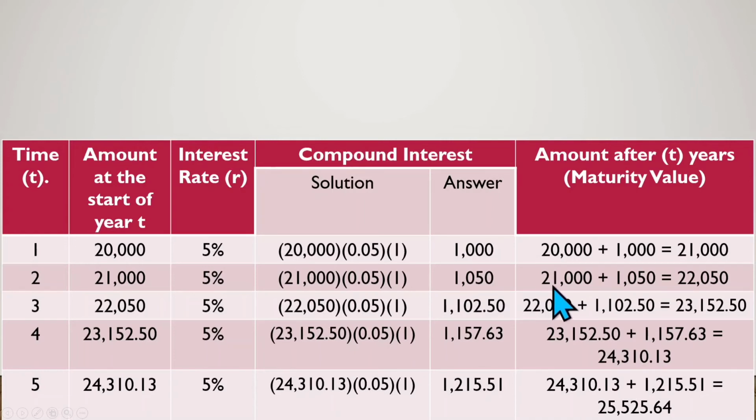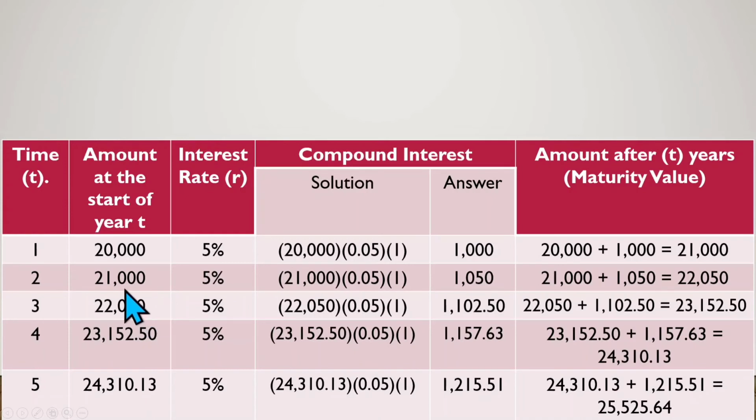And then the principal is 21,000 on the second year plus the interest of 1,050. The maturity value of the money on the second year is 22,050 pesos. Now, this 22,050 will be the principal amount on the third year of the compounded annually.